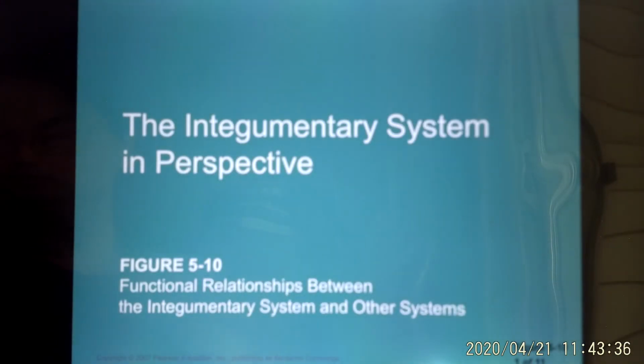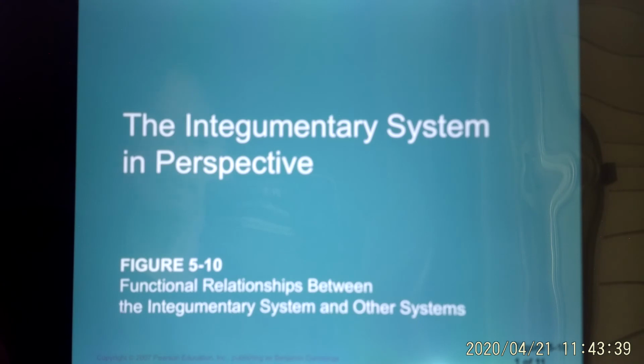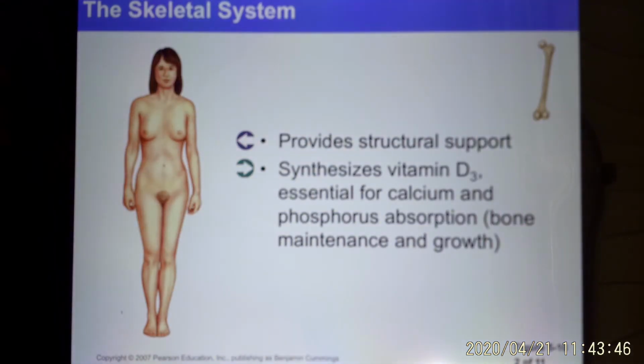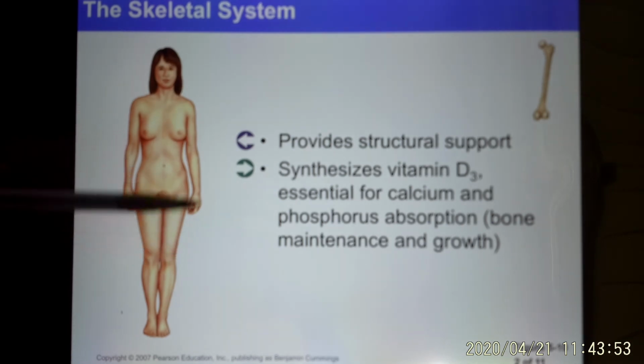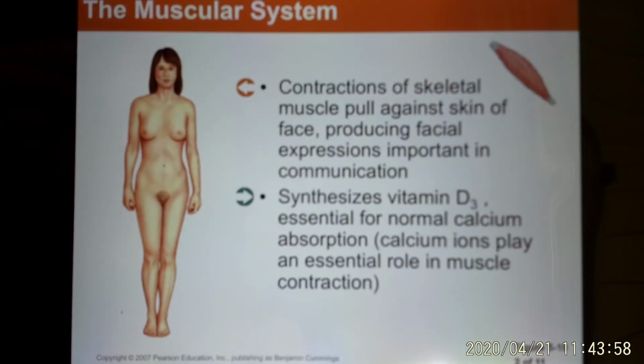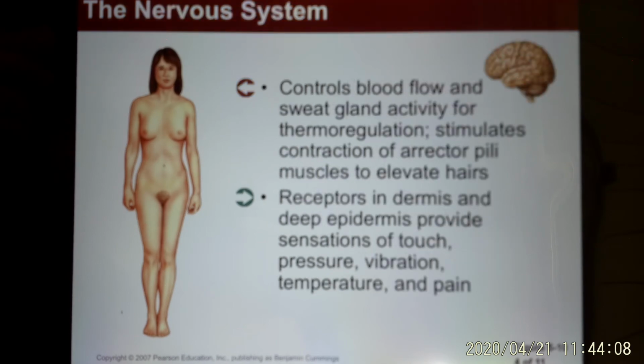So this part tells you your skin, the integumentary system, works with pretty much every other system. So let's quickly go over them. Like this one, it tells you your skin produces vitamin D3, and vitamin D3 helps calcium absorption. So it turns out it helps your bone, because your bone is mainly calcium. And also your skin helps your skeletal system produce facial expressions. And also your skin is a big sensor, somatosensory.